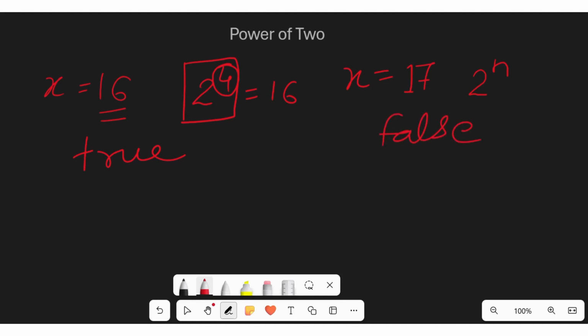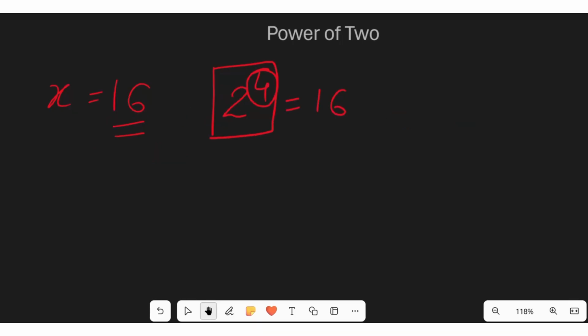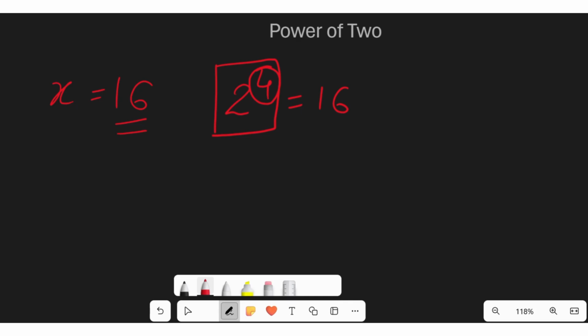Now the problem is how we can check if the number is a power of 2 or not. For that we need to find the prime factors of the number. Here the number is 16, and if we find its prime factors, they will come out to be 2, 2, 2 and 2.